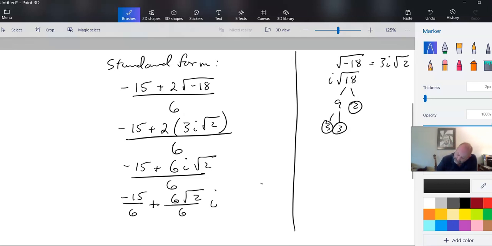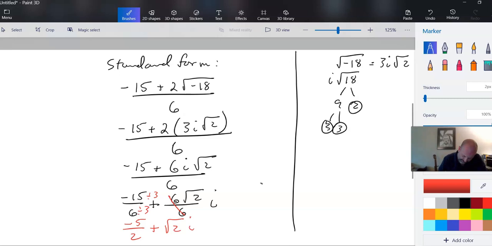So this first fraction, negative 15 sixths, can be simplified by 3. So if I divide by 3, top and bottom, that gives me negative 5 halves. Over here in the second fraction, 6's cancel. So this is now plus the square root of 2 i.